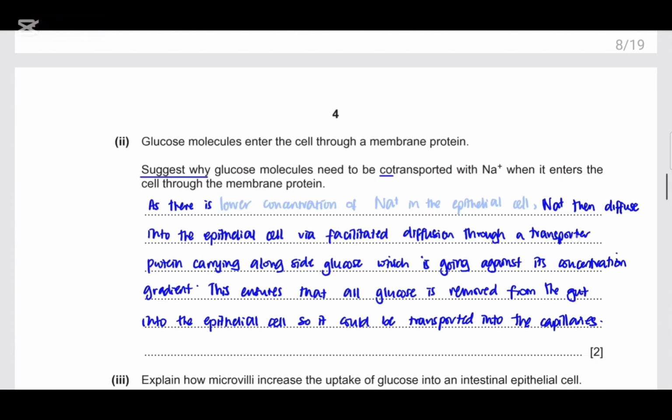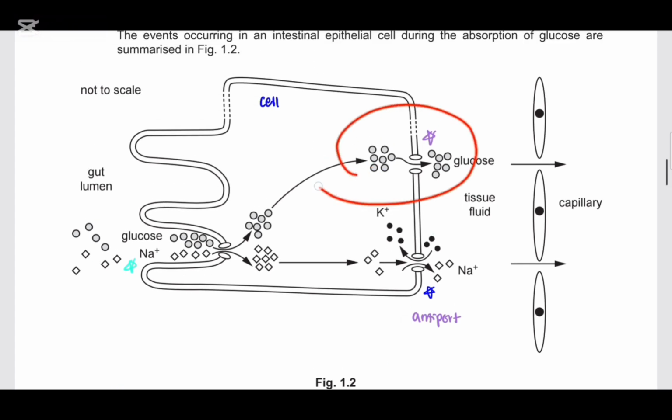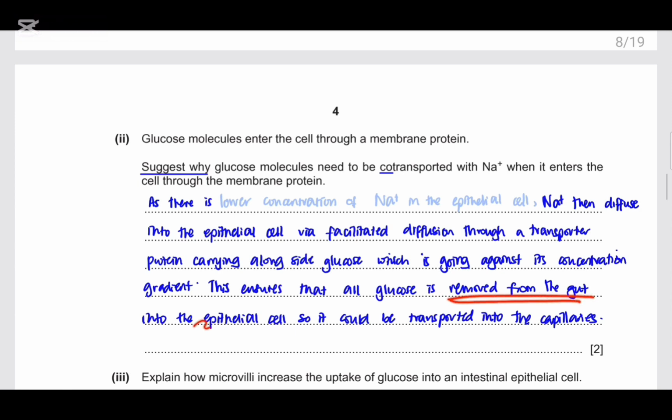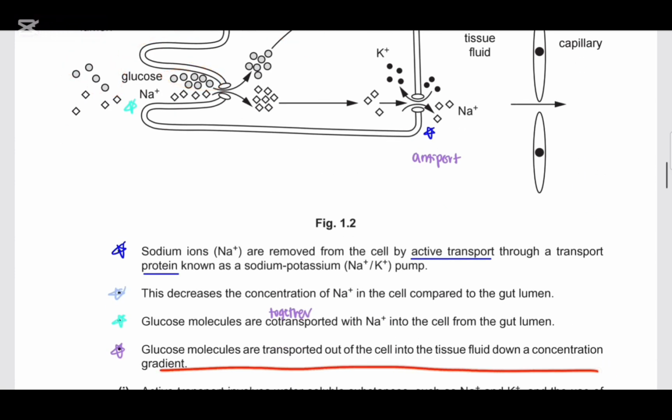And the idea is that this ensures that the glucose will be fully removed from the gut, so that it can enter the epithelial cell. We want to ensure that all of the glucose is removed from the gut and enters the epithelial cell, so that eventually it can be transported out into the tissue fluid and then into the capillaries, as mentioned here, down a concentration gradient.